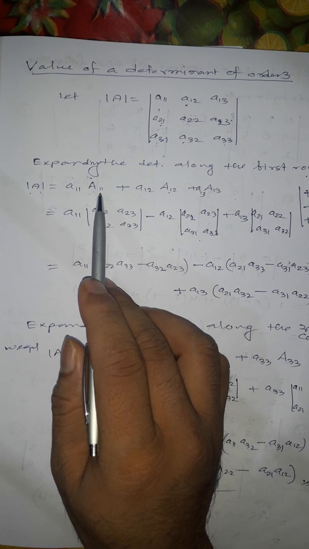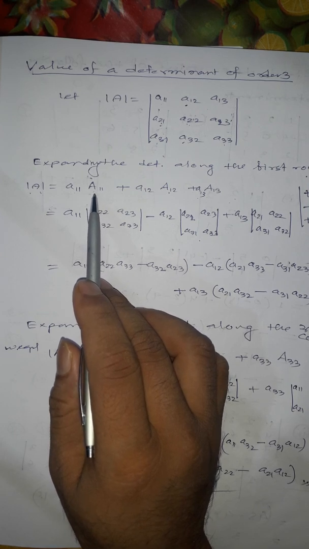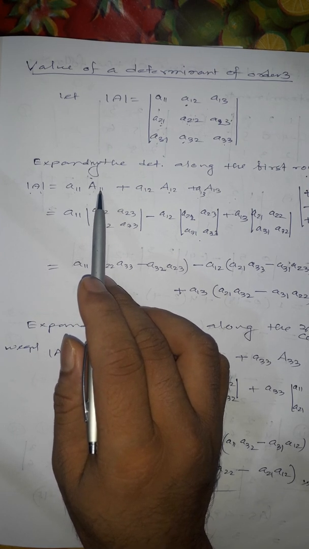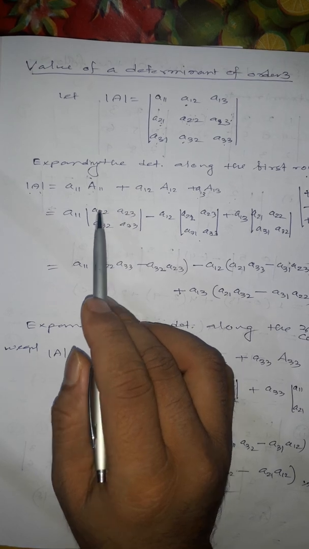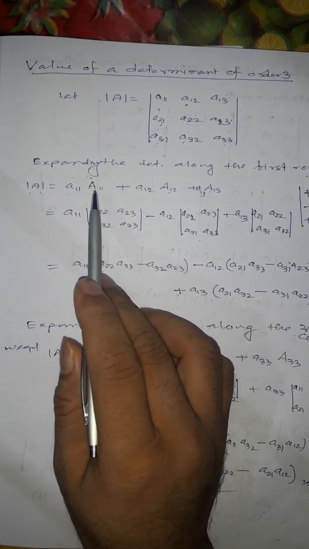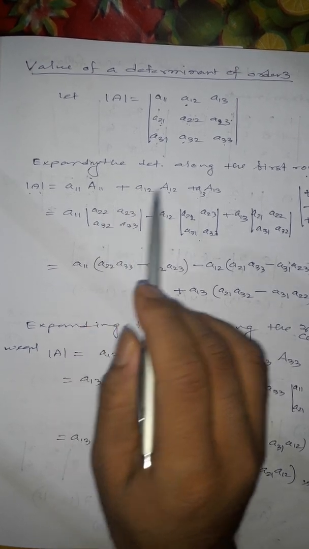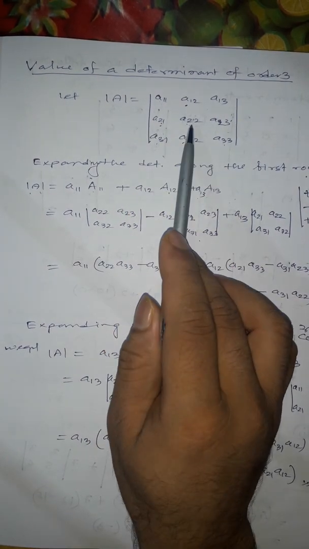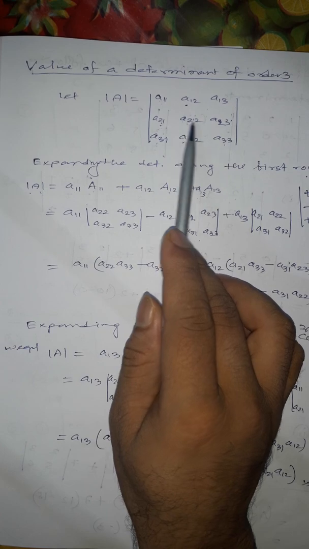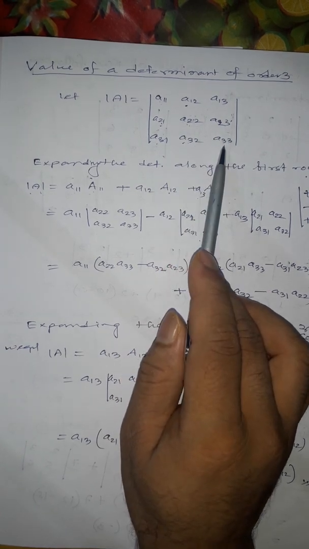Capital A11 will be the cofactor of the element. Since the sum of the suffixes is even, the sign will be positive. So you'll get only the minor directly. Minor of this element is: delete this row and this column, then you will get these 4 elements A22, A23, A32, A33.